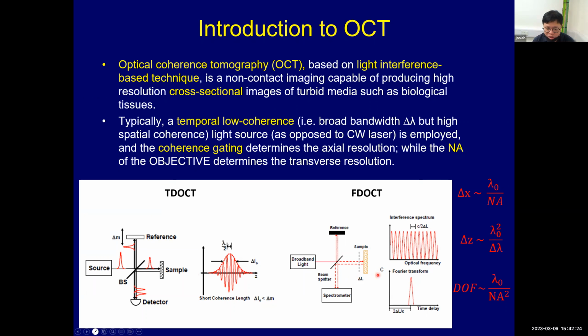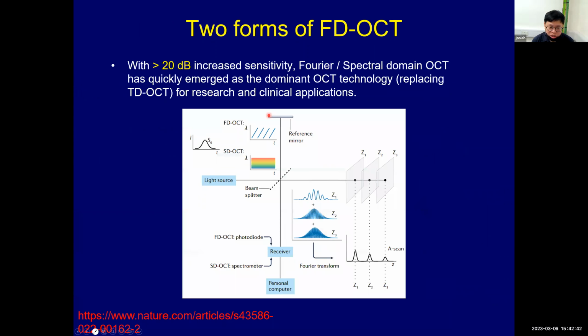But for Fourier domain, there's no moving part; the information is all captured using a spectrometer, and then you use a Fourier transform to get the same information as from the time domain. As you may expect, Fourier domain OCT is usually much faster than time domain OCT. Because of that, you can increase the imaging speed, but more importantly, you get a significant increase in sensitivity, usually about 20 dB.